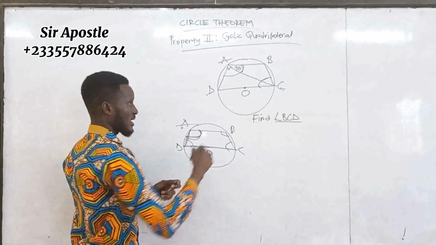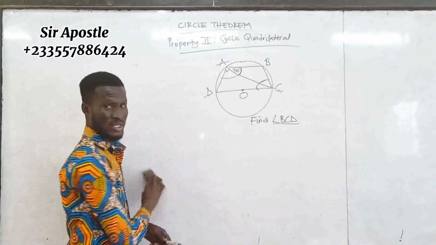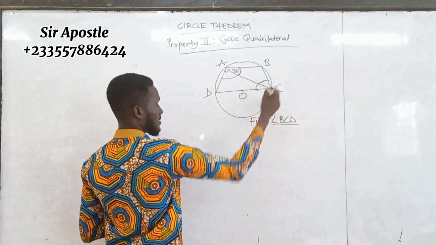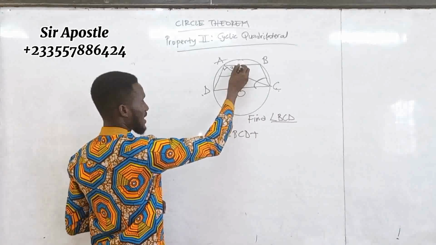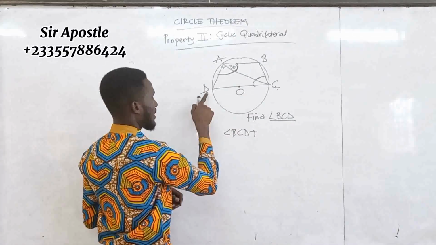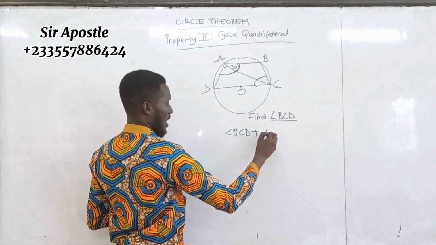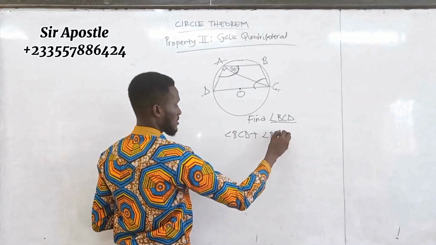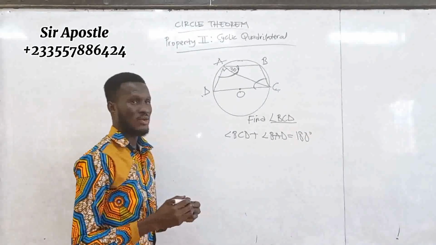So we can easily say that here plus here is supposed to give us 180 degrees because they are opposite angles. So we have angle BCD, plus this angle, which is angle BAD, supposed to give us 180 degrees because they are in a quadrilateral.